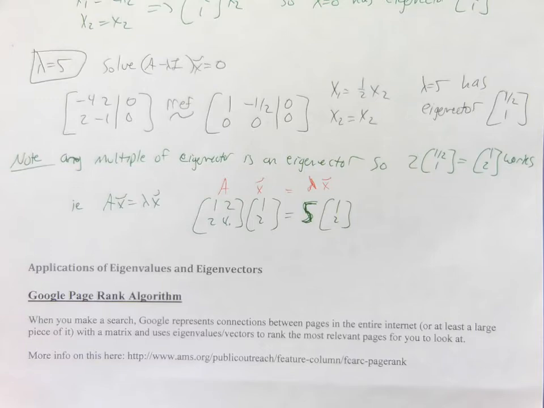And so if you search something, it takes a matrix and looks for links based on certain phrases that you searched, and then it looks for the eigenvalues and the eigenvectors of this giant matrix, and it turns out the eigenvalues tell it how to rank the web pages that you search for.